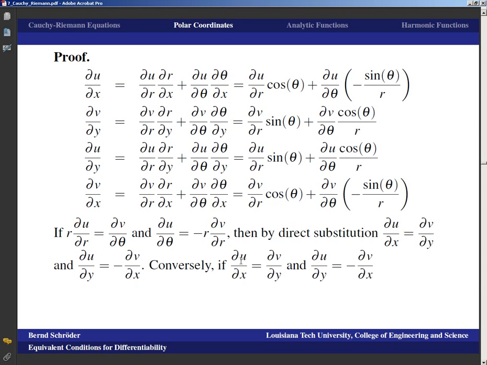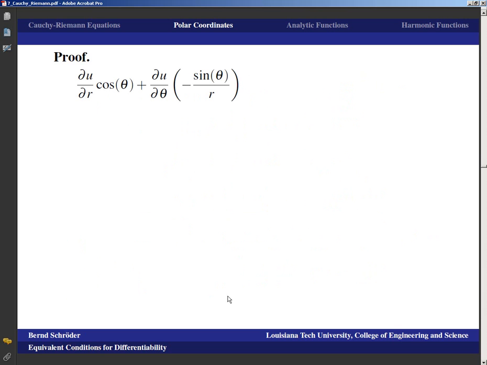Conversely, now we're proving that the rectangular Cauchy-Riemann equations imply the polar Cauchy-Riemann equations. So if du/dx equals dv/dy and du/dy equals negative dv/dx, well, that means this thing is equal to this thing, and this thing is equal to the negative of that thing. And then just setting those equal to each other, we obtain the following.